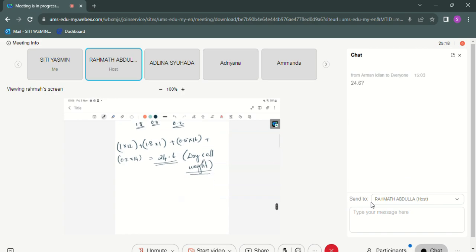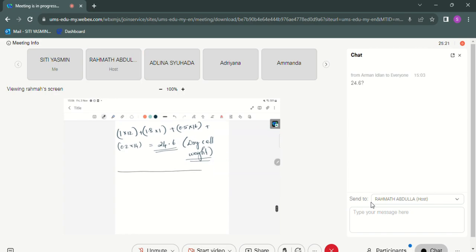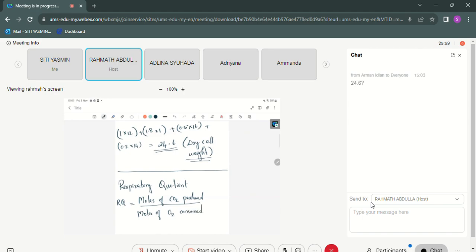Now, next we are moving on to a different part, which is called the respiratory quotient. We denote it as RQ. So this equals moles of carbon dioxide produced by the microorganisms over moles of oxygen consumed by the microbes. Okay.